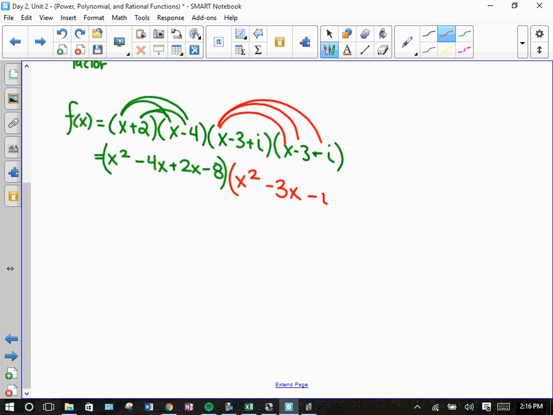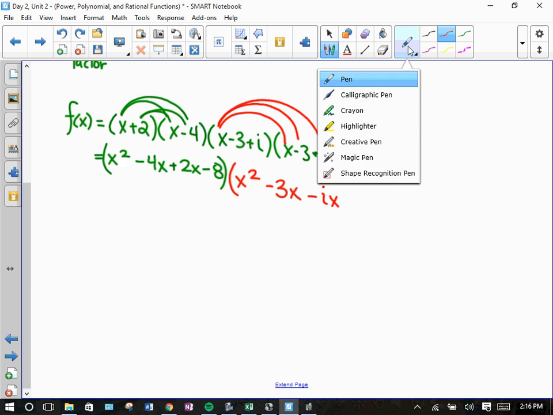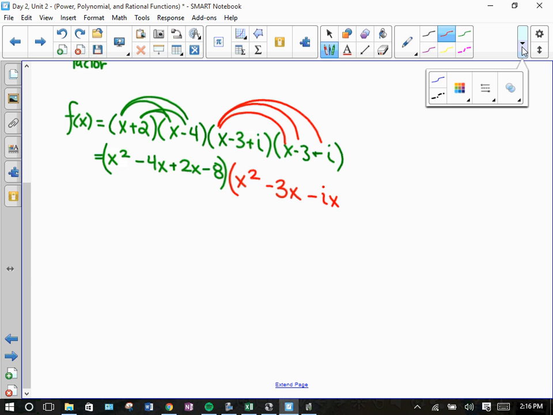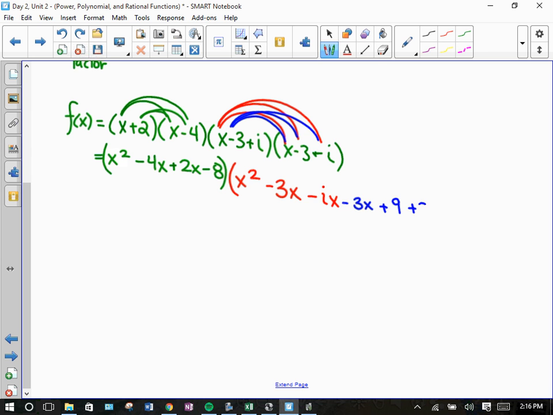Minus ix. Okay. Then I'm going to have negative 3 times x is negative 3x. Negative 3 times negative 3, that's positive 9. Negative 3 times negative i, that's going to be positive 3i.